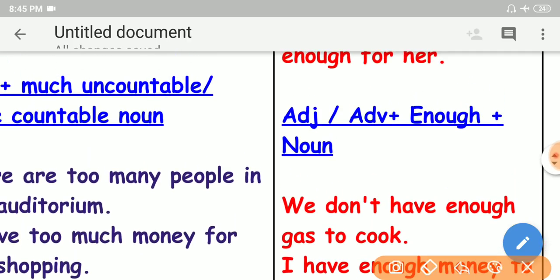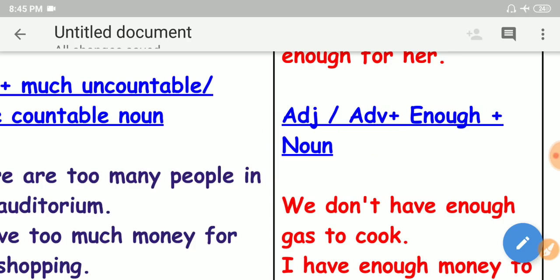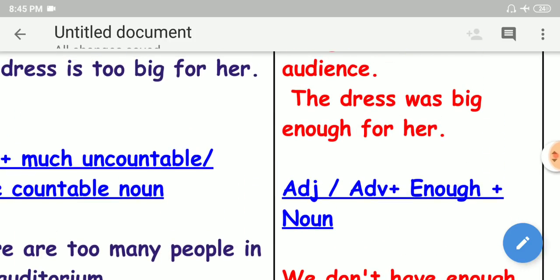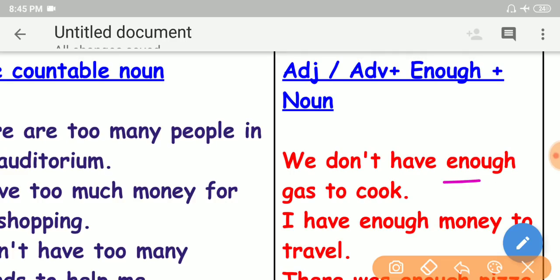First, adjective or adverb plus enough plus noun can be used. I mean, "enough" can be used before nouns also. See, my dear friends, here "enough gas": gas is a noun, and before nouns "enough" is used.